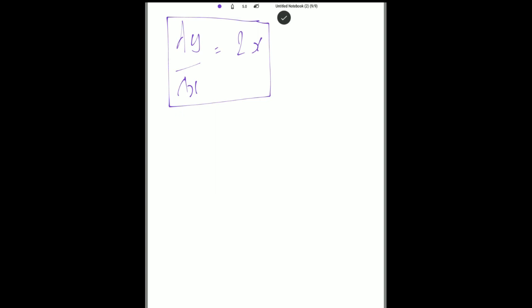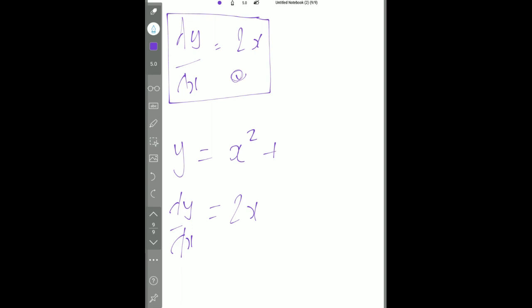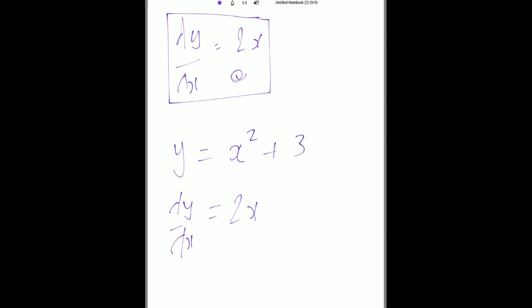So the equation that we would have differentiated to get this would be y is equal to x squared, because when you differentiate y, you get 2x. But we could have had y equal x squared plus 2, and we would still get 2x. Or we could even have y equal x squared plus 3, and we'd still get 2x.